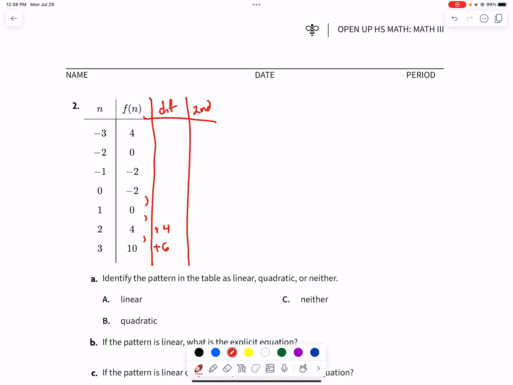To go from -2 to 0, we're adding 2. Is there a pattern? Yeah, to go from 0 to -2 is subtracting 2. 4 to 0 is subtracting 4. Look at that. Second differences. Again, to go from 4 to 6 is 2. 2, 2. Okay. The constant second difference means it's a quadratic.